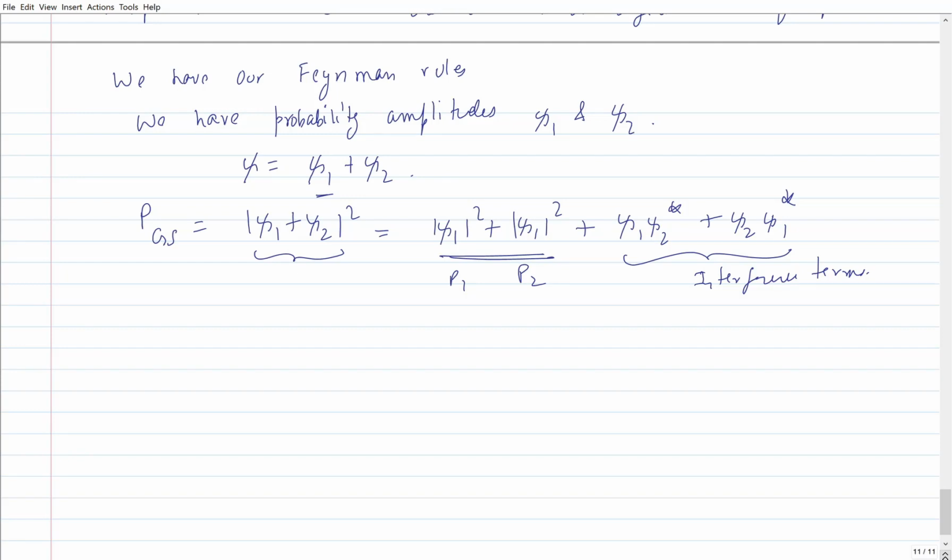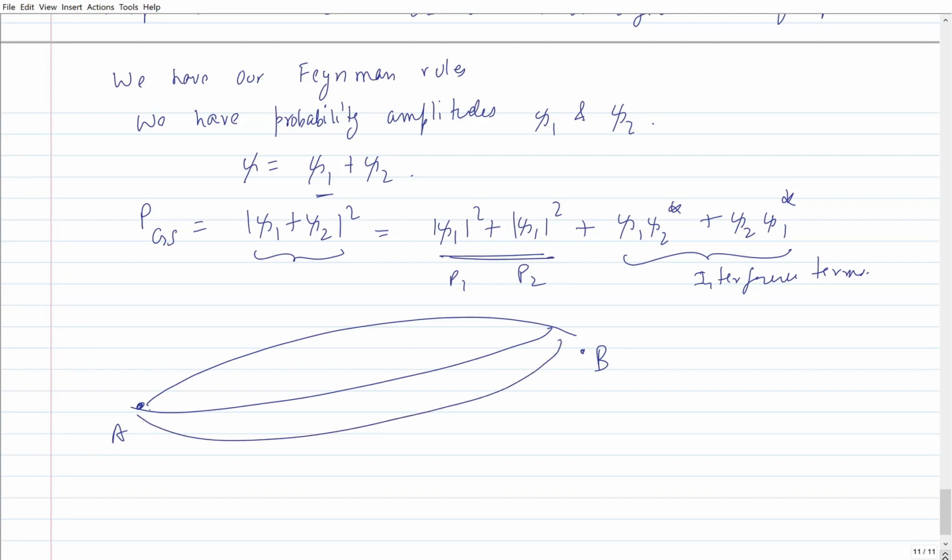And in general, let's say from a point A to a point B, I have multiple paths. I'll associate a probability amplitude, or a complex number, with each of these paths.